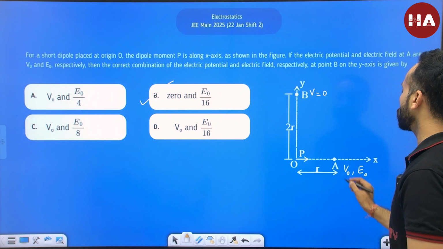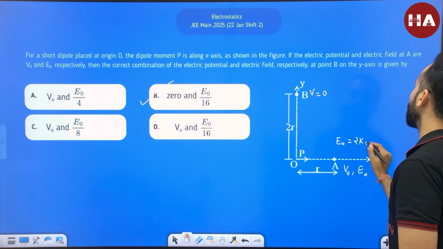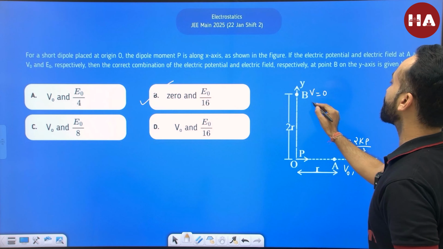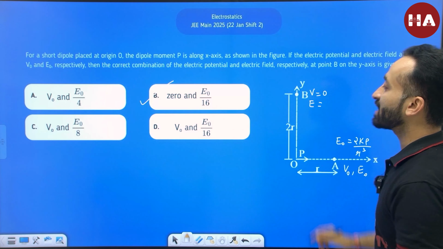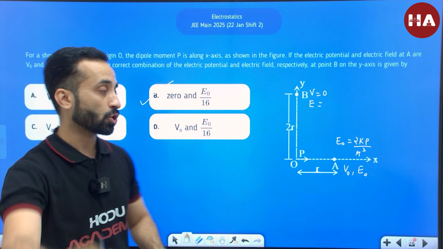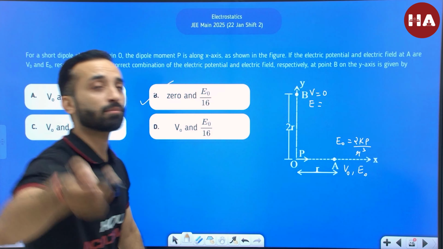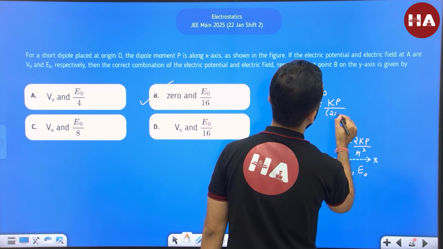But still, let's do the electric field thing. So electric field at axial point, you do understand, is 2kp by r cube. But at equatorial point, the direction is opposite to P and the strength is kp by r cube. It's a point dipole, it's a short dipole. But this distance is not r now, this distance has become 2r. So it's going to be like kp by 2r whole cube.